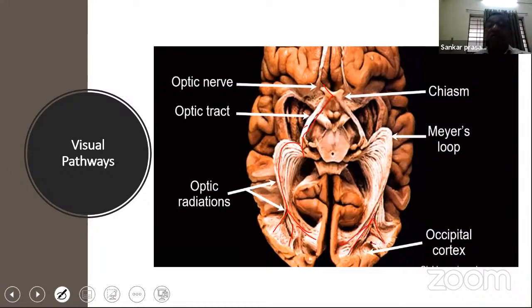So whatever you are seeing, the visual field information is reaching the brain, the occipital lobe, and there are association areas which are around the primary sensory areas. Like we said, the primary sensory areas are the visual area, auditory area, somatosensory area, where primarily the sensory impulses reach as soon as the eyes, the ears, or the skin sensations are stimulated.